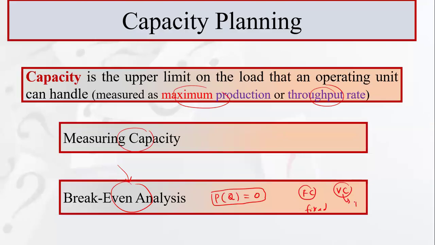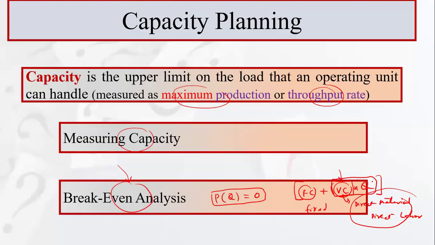These put together are the variable cost. So for each item, there is a variable cost. So VC multiplied by the quantity that you're producing is the total amount of variable cost. Plus fixed cost, this is the total cost.